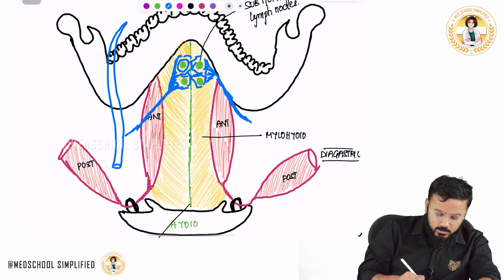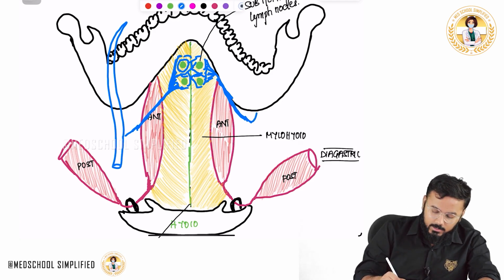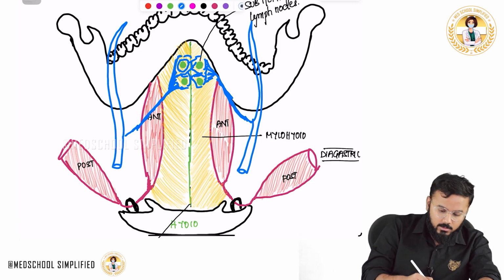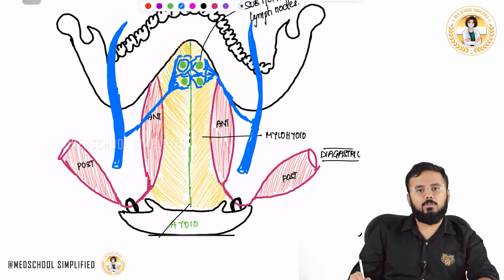This vein is called the facial vein. So where is the submental vein collecting? The submental vein is collecting into your facial vein.